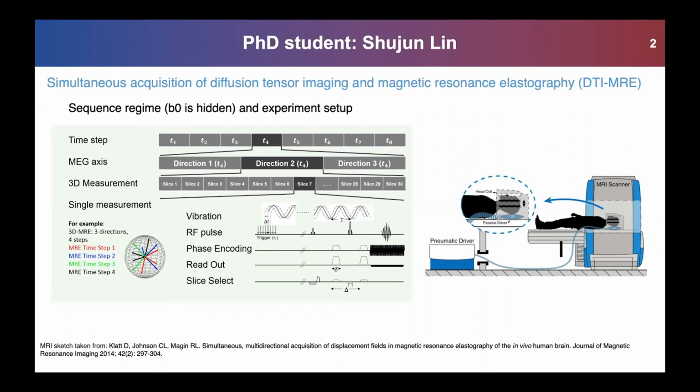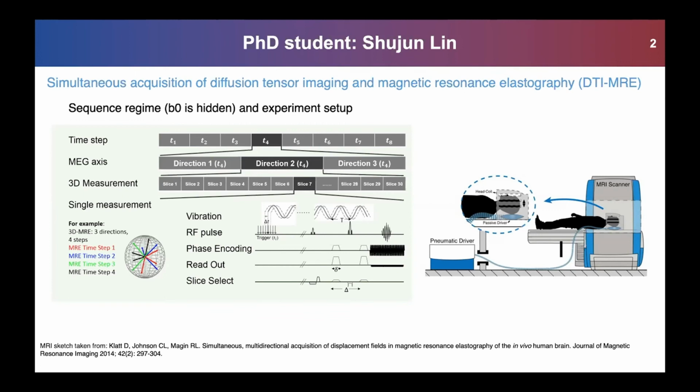Diffusion tensor imaging is an MRI technique that is able to assess the anisotropic property of protons in tissue. Magnetic resonance elastography is able to assess the mechanical properties of tissue.